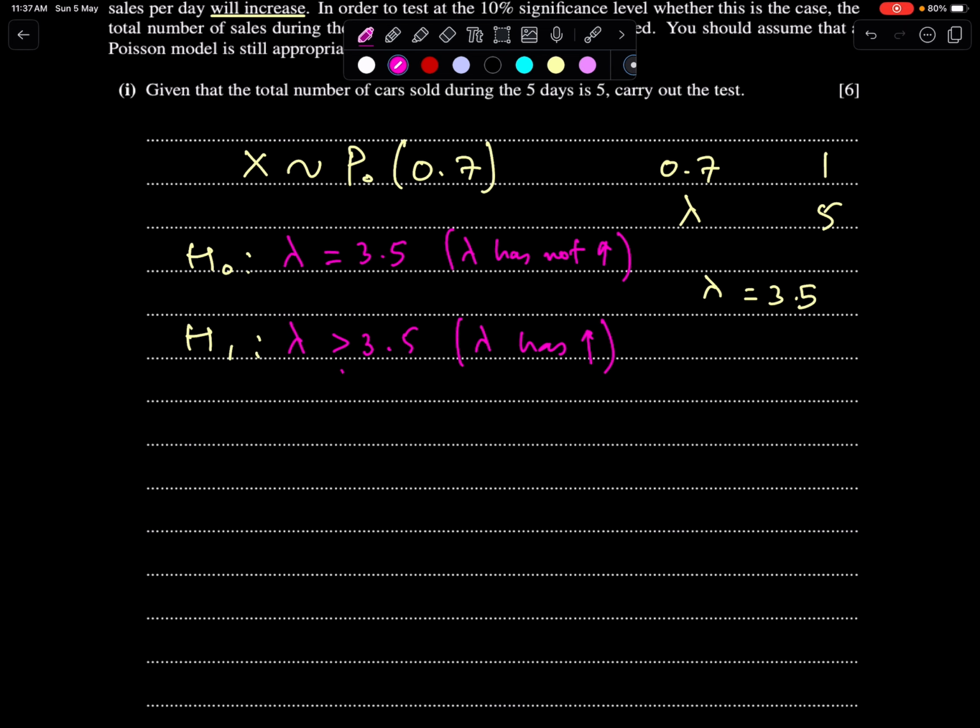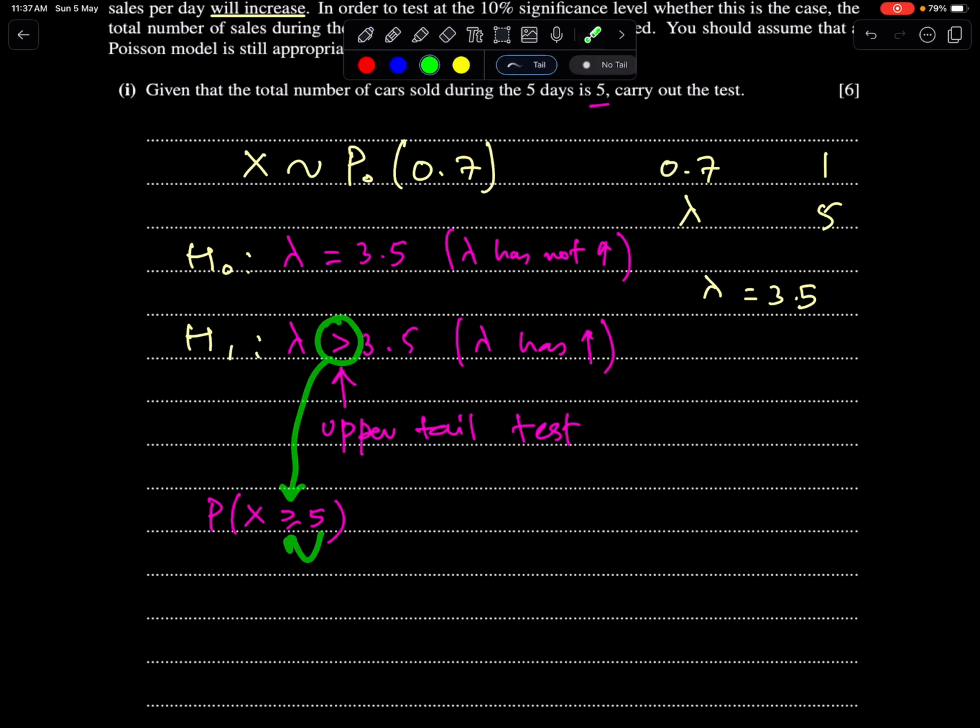Since we have a greater sign here, we have to perform the upper tail test, and test value is 5. So we need this probability: X is greater than or equal to 5. Since we have a greater sign here, write greater sign here, and test value is always inclusive.